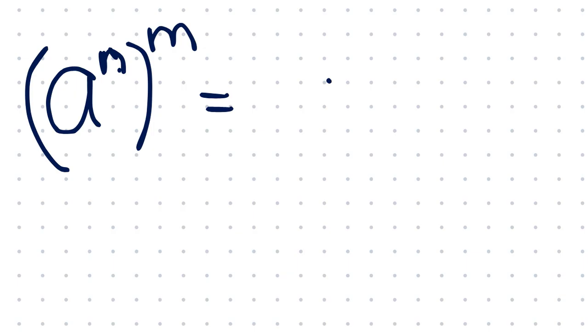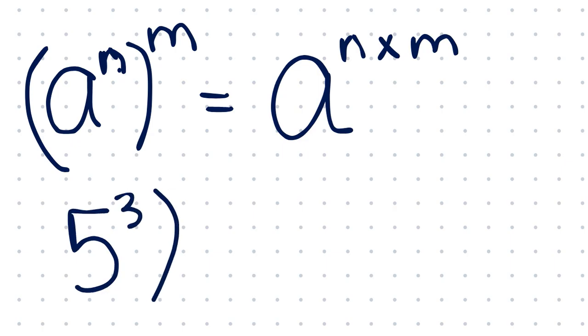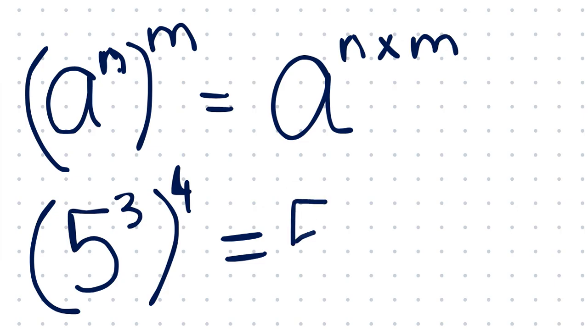So this will be a to the power of n multiplied by m. Let's have an example. So 5 to the power of 3 and then to the power of 4. The rule is, if we have double powers, then we multiply them. So this will be 5, 3 times 4 is equal to 12.